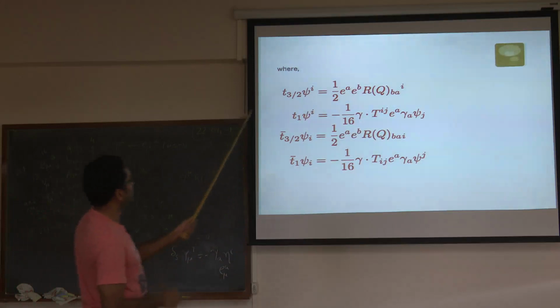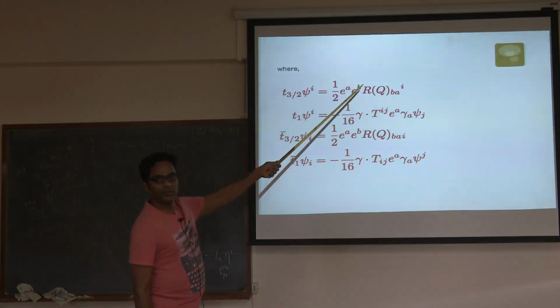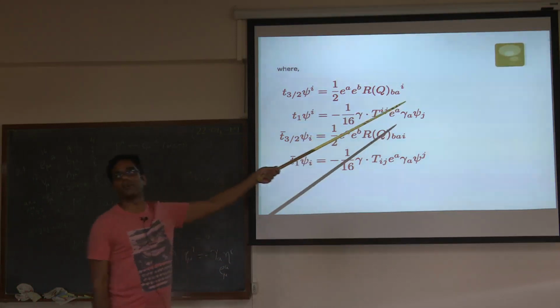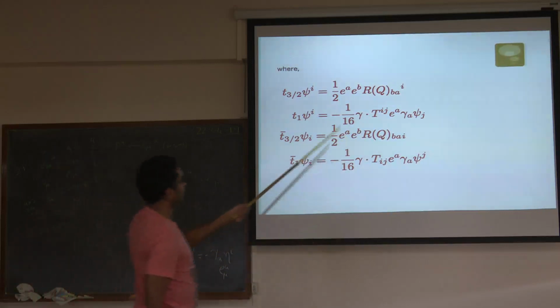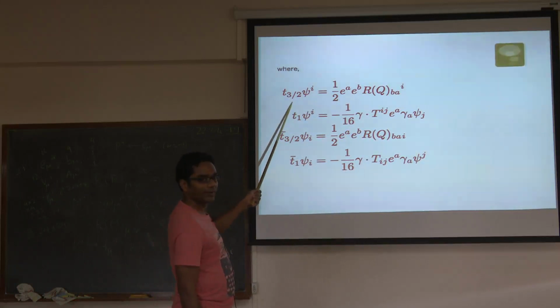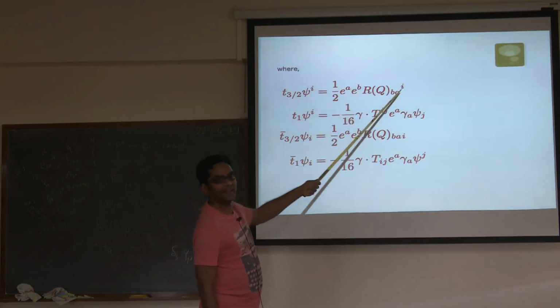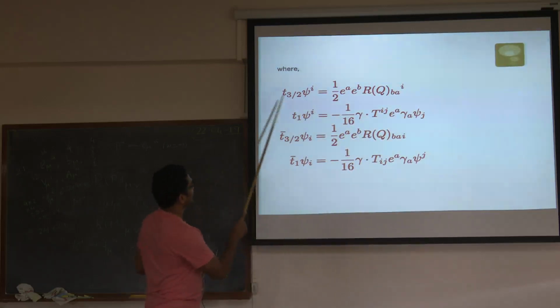So, T_{3/2} psi^I is basically wedge products of two Vierbeins contracted with a curvature tensor, the curvature for Q supersymmetry. I call it T_{3/2} because the curvature R(Q) has Weyl weight 3/2.